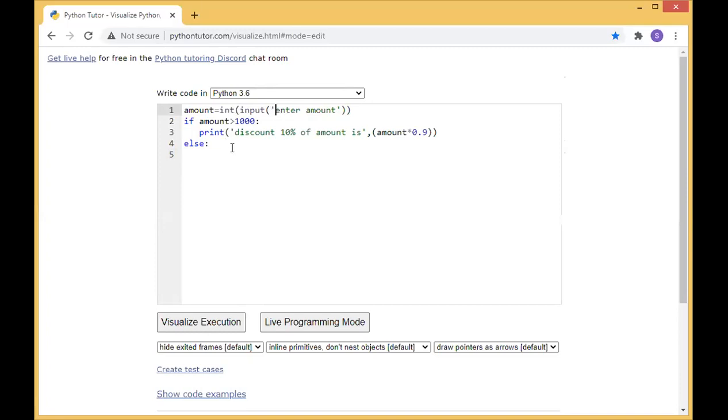So in the else case we have to type the code, like this. Here we have to change it to 0.95.